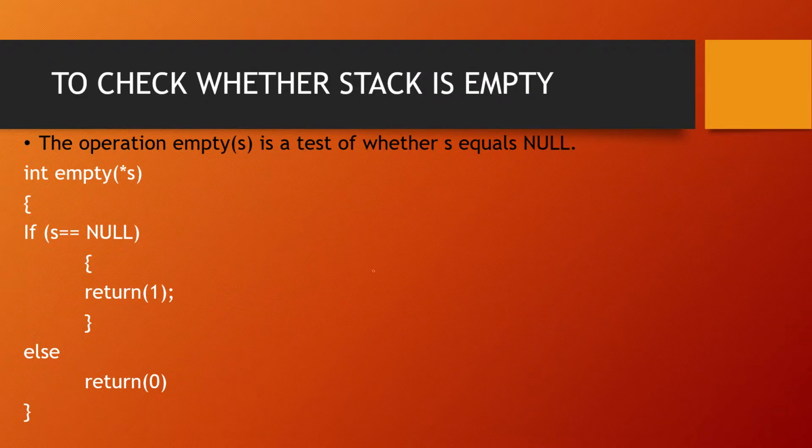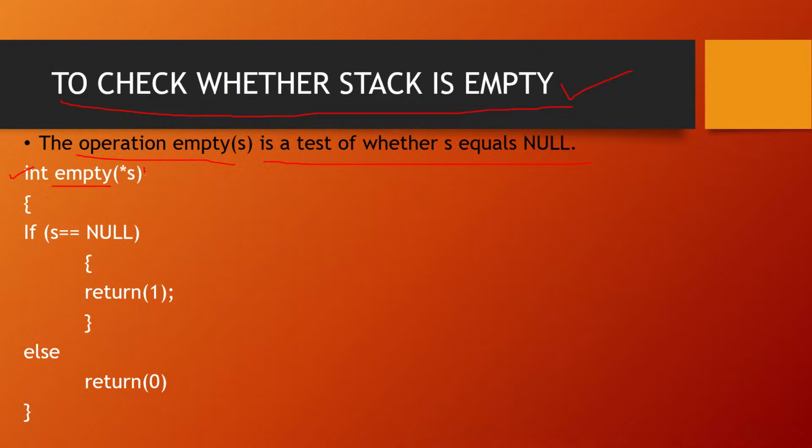Now the operations. First we have to check whether the stack is empty or not. The operation empty(s) is a test of whether s equals null. If s is equal to null, then the stack is empty. Otherwise, there are some elements in the stack. So we have a function named empty, which returns an integer value.